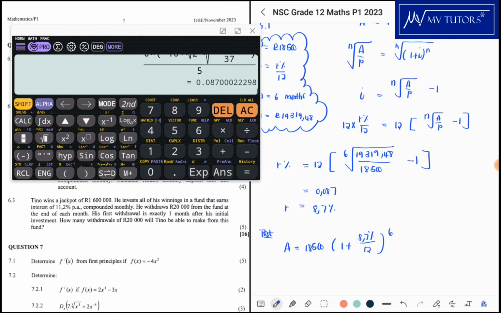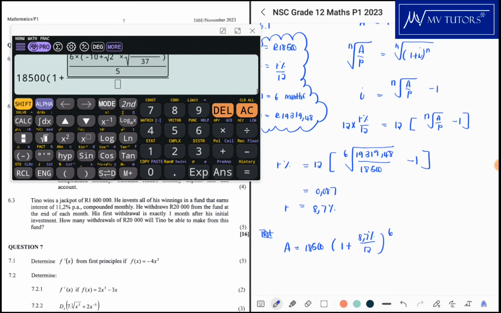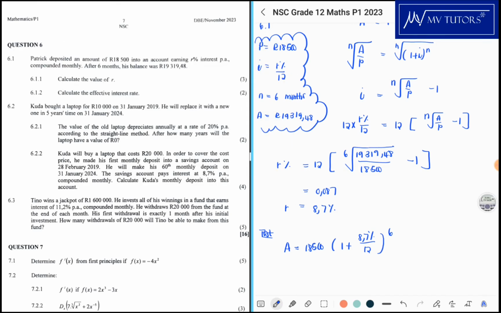Okay, so I have that, it's 0.087. So I can say 18,500, 1 plus the answer, divided by 12, and then to the power 6. You see, we get 19,319.48. So you are then certain that actually this is the correct amount. Okay, because we did get that 19,319 rand and 48 cents.